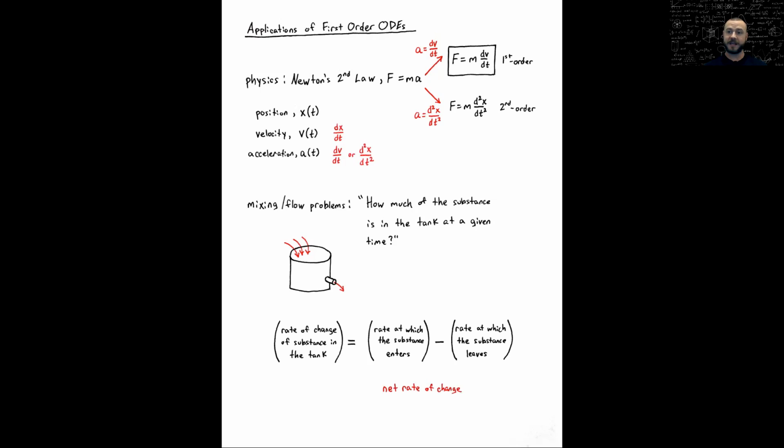Due to the flowing in and flowing out of whatever that substance is, the net rate of change of substance in the tank, remember you can interpret instantaneous rates of change as derivatives, is the following: the rate of change of substance in the tank equals the rate at which that substance is flowing in minus the rate at which it's flowing out. We'll go into detail with that net change equation in a following part of this lecture.